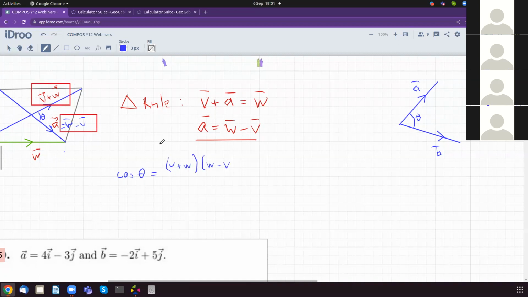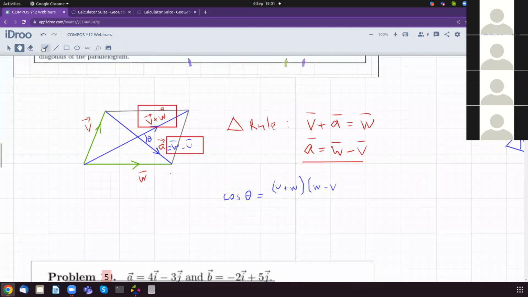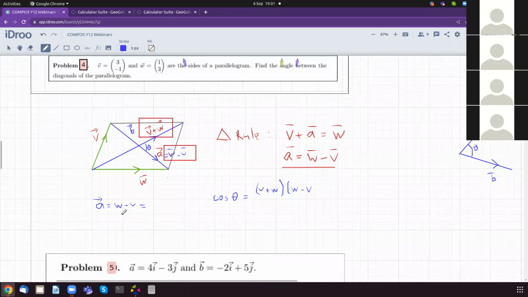Oh, sorry. Why am I doing this? No. Let's call this vector A and this is vector B. So let's find them. Vector A is W minus V. And we know that W is (1, 3), V is (3, minus 1).